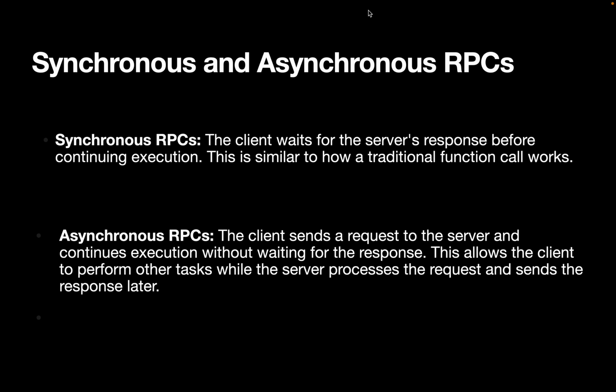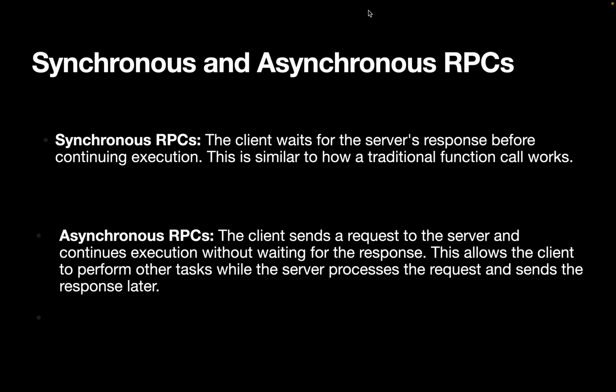And now let's talk about synchronous and asynchronous RPC. In synchronous RPC, a client waits for the server response before it continues execution. So it waits for the server response as soon as it calls the function, which is very similar to a traditional programming function call. We call a function and immediately we get the return of that function.